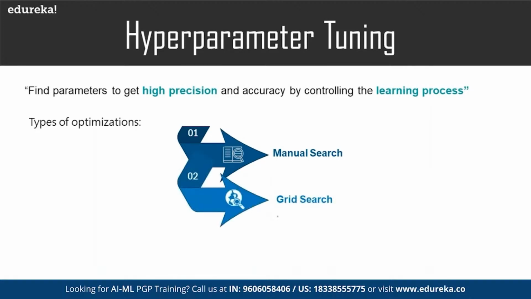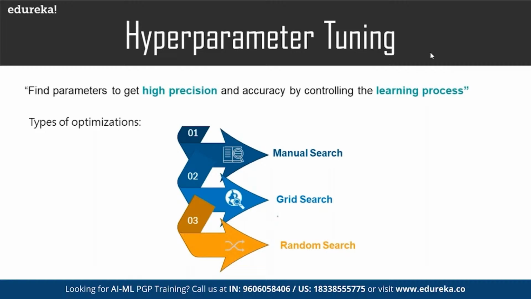The techniques are manual search, grid search, and random search. I was already talking about neural architecture search. Basically, we are here to choose the right parameters such as learning rate and epochs. And one more important thing is how we go about the optimization techniques.